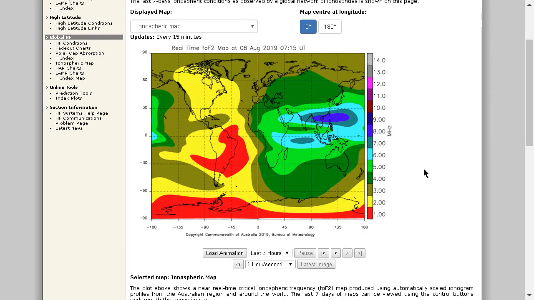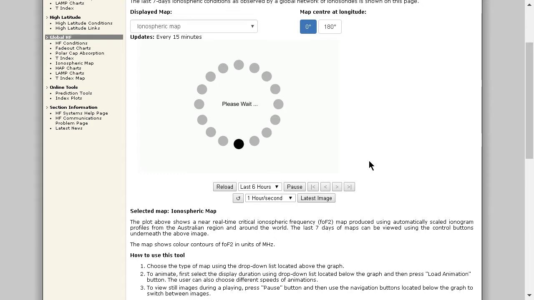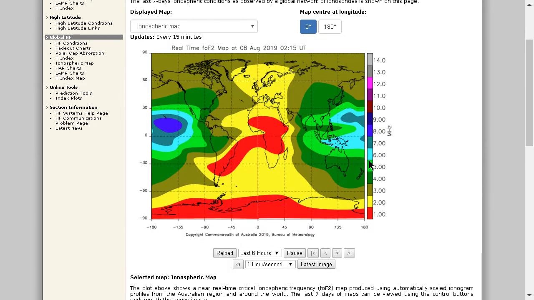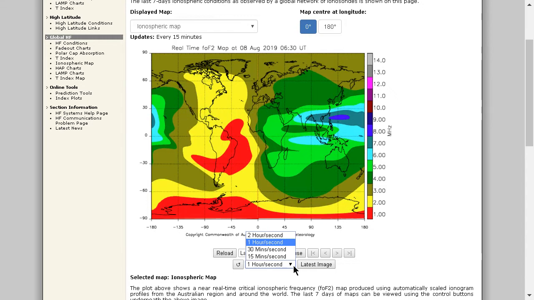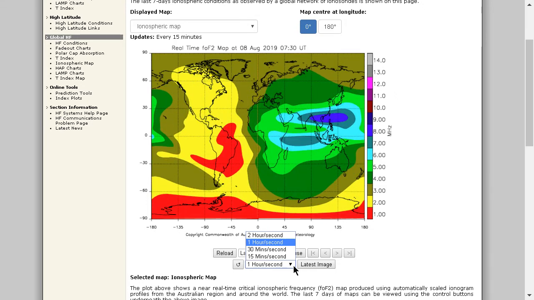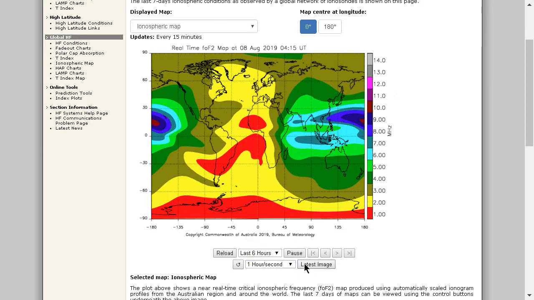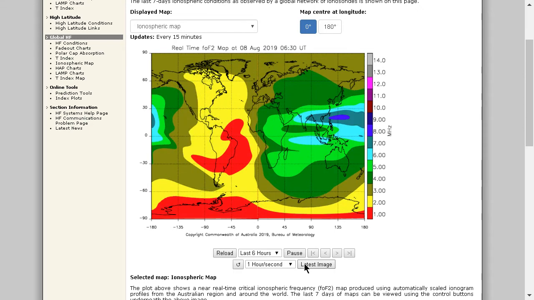Here's the ionosphere map. We'll play the animation. This is the last 6 hours. And here's the latest image.